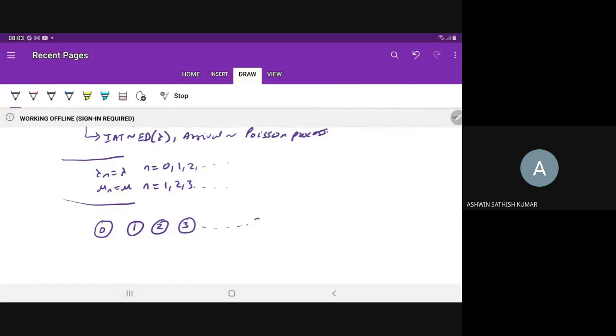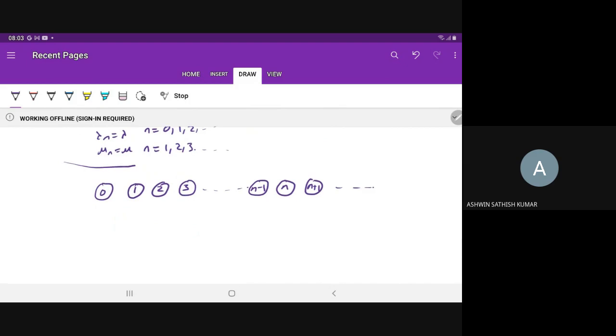We represent the state by a node, and the number of customers is written in that node. Transitions are denoted by arrows. Customers are joining with the rate lambda, whatever the state.